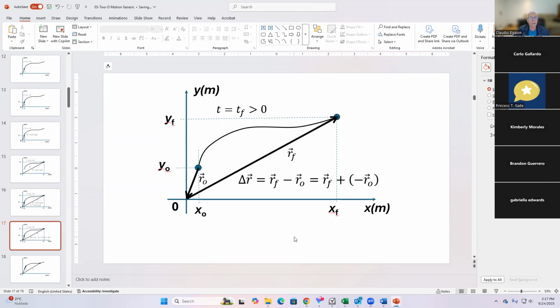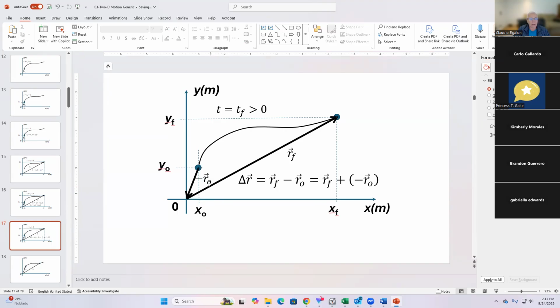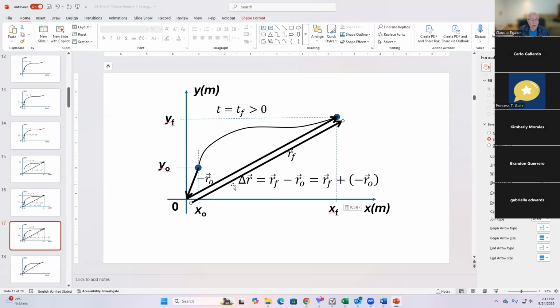And I have to relabel it. Instead of R naught, now it's going to be minus R naught, just like I did before, right? And connect the tail of the minus R naught to the head of the RF. We have the displacement vector. And I'm going to draw that in a different color.